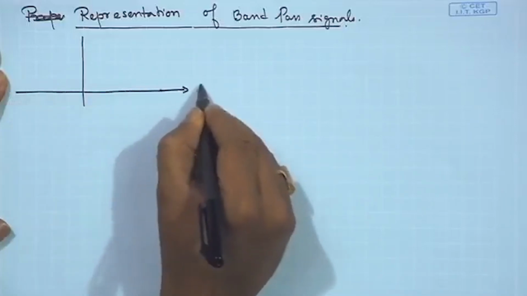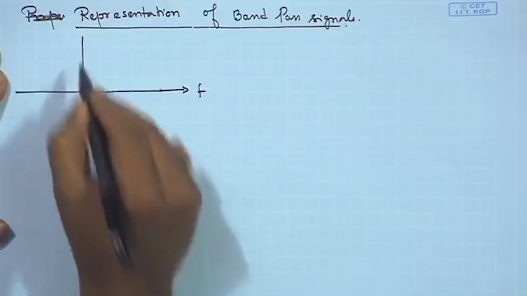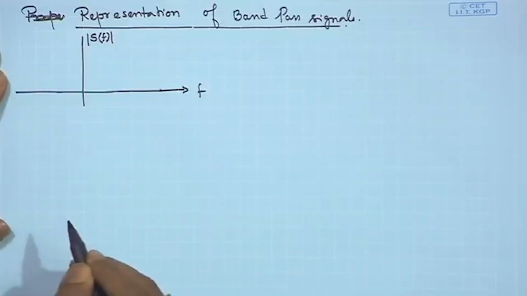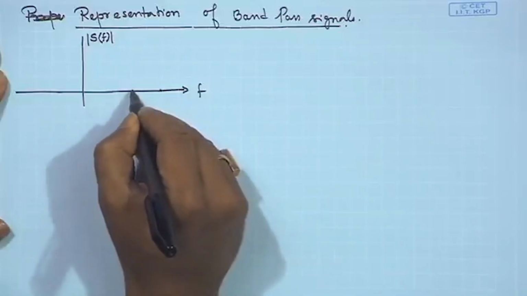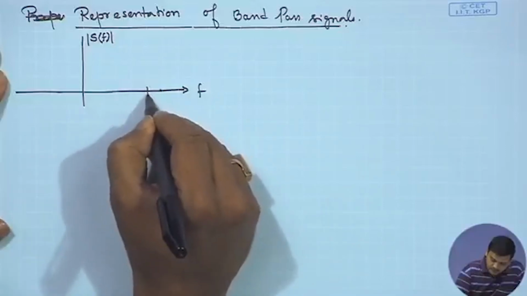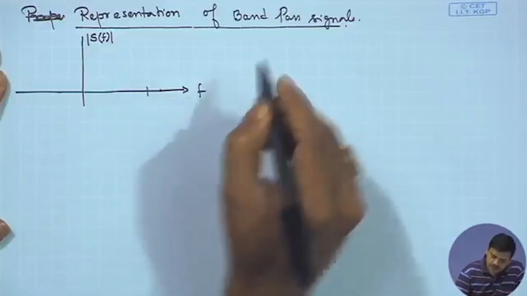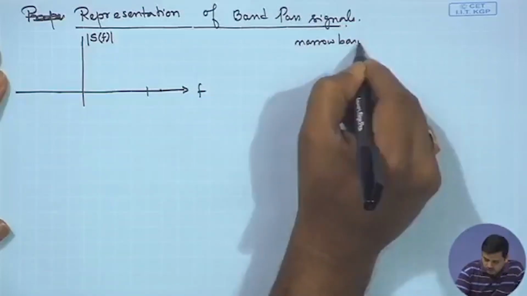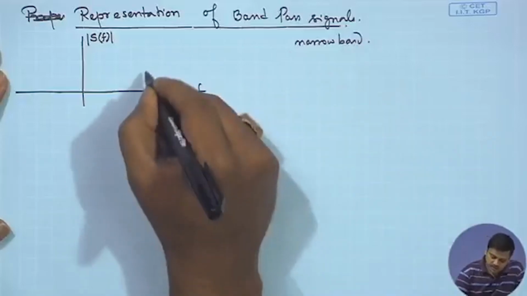let this be the f axis and let this be the mod of S of f. So, if we are looking at a signal which is narrow band, that means it is centered around the carrier.